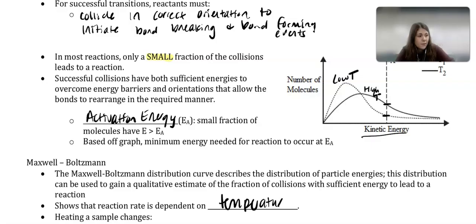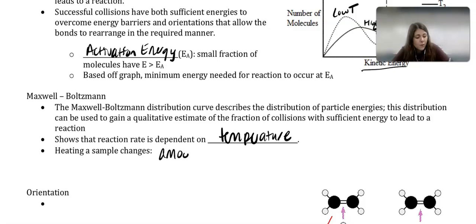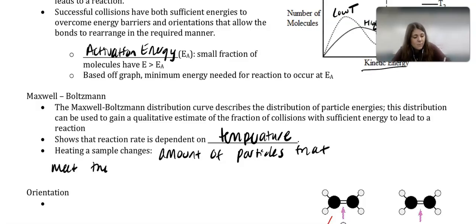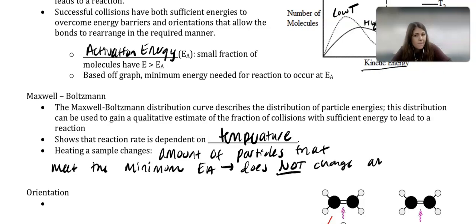And we talked about that in the first part of this objective. So when we heat a sample, what kind of changes occur? Well, the amount of particles that meet the minimum activation energy changes, but the amount of activation energy needed does not change. This is very, very, very important.